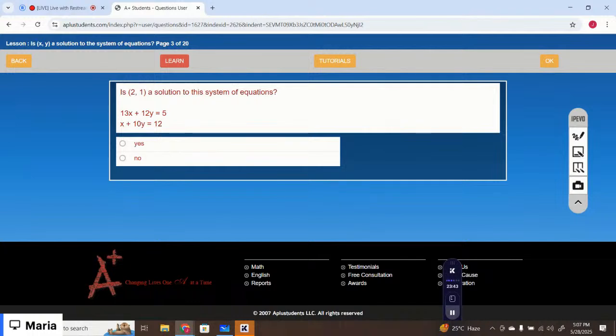Is this a solution to the system of equations?